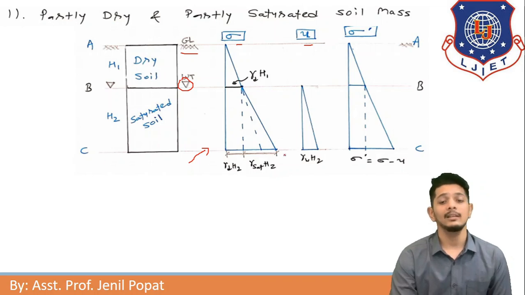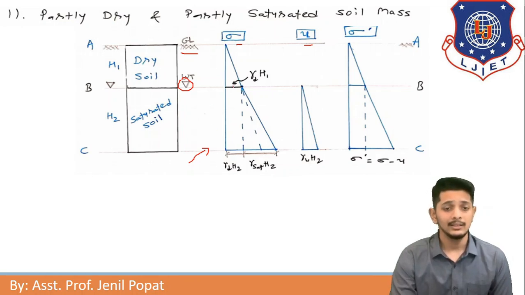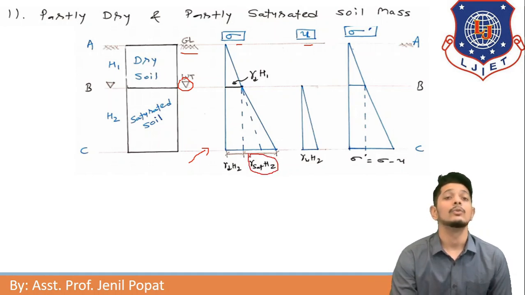Now coming to line CC, at the CC level there will be pressure from dry soil as well as saturated soil. Here we are discussing total stress. The dry soil pressure will continue to come on line CC. Additionally gamma saturated into H2 will be acting from the saturated soil height H2 for line CC.